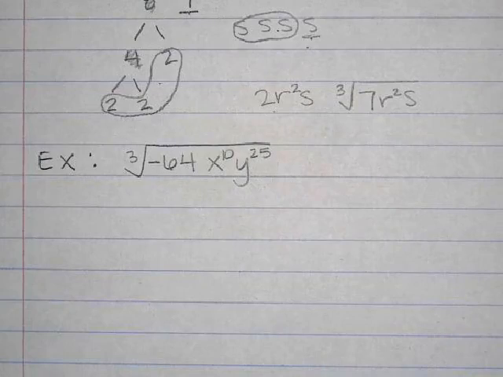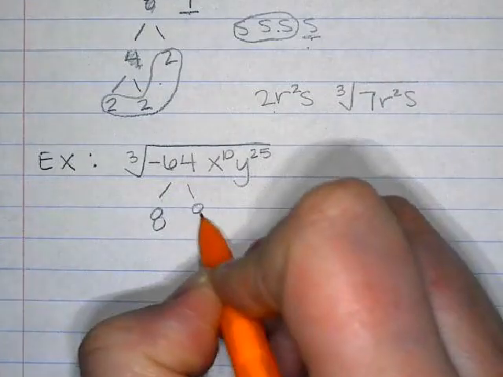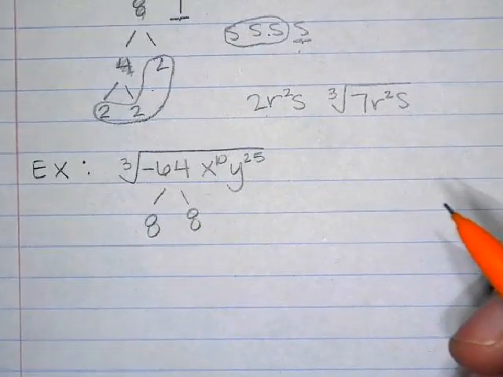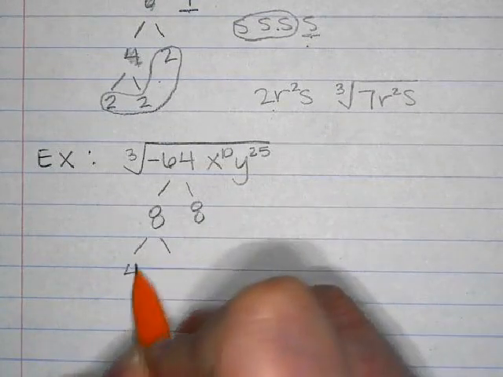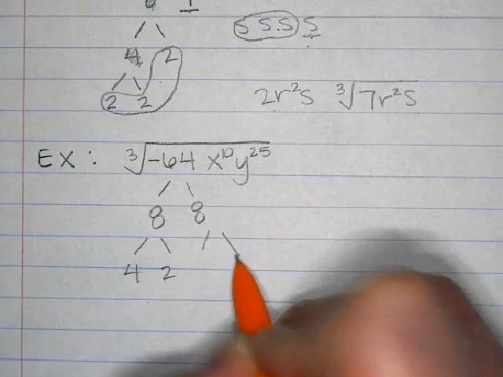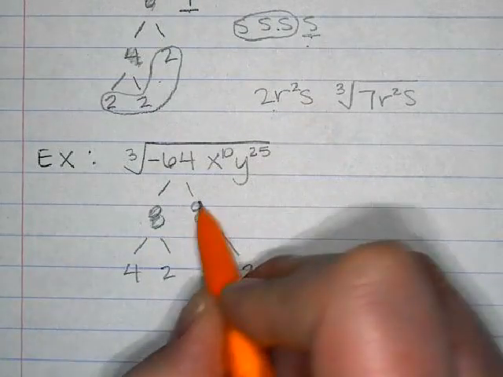We're going to put a negative in front of our answer. And then it's 8 and 8. 4 and 2. 2 and 2.